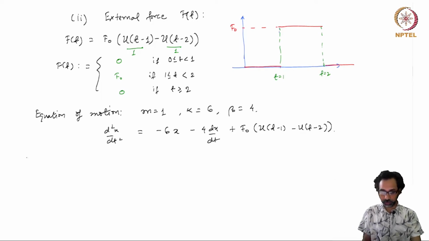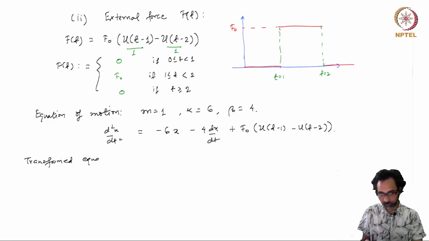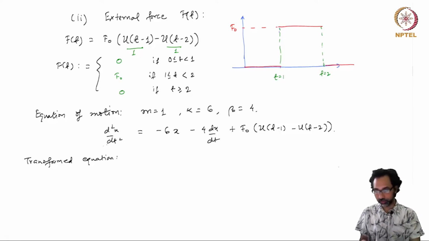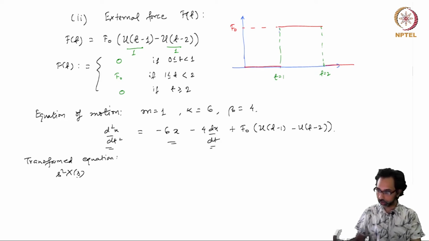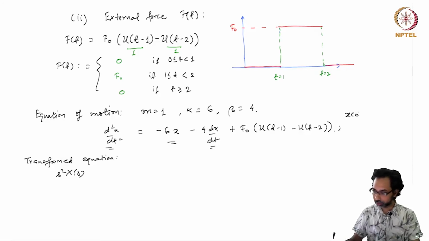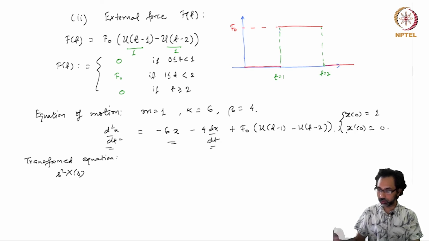Now if you take the transformed equation, then for these 3 terms it's exactly the same as the previous example. So you get s² X(s). I should say that the initial conditions are also the same: x(0) was 1 and x'(0) was 0.